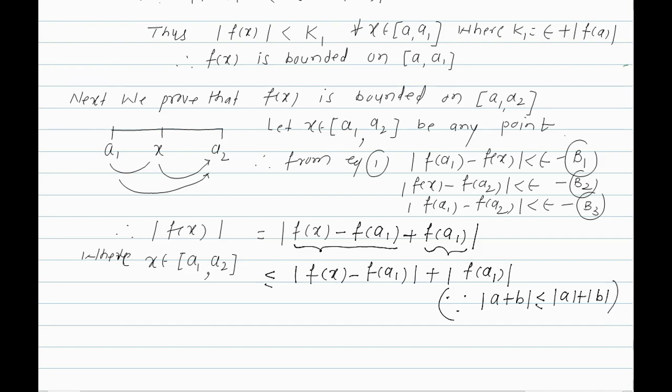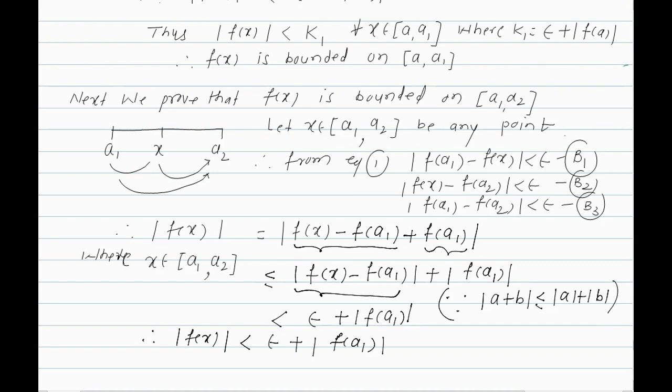Now from equation B1, the difference between f of a1 and f of x is less than epsilon. So mod of f of x is less than epsilon plus mod of f of a1.